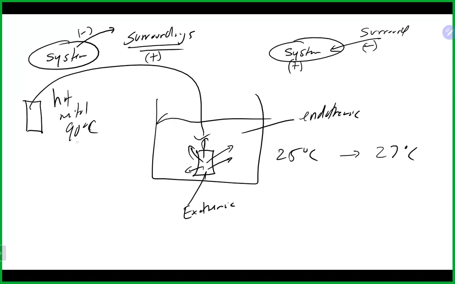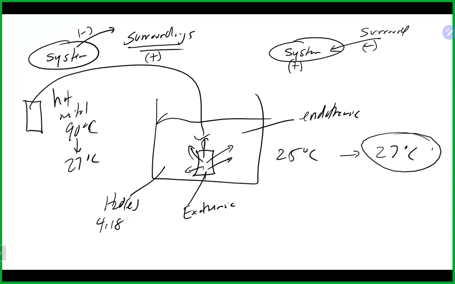We would also see the metal, for example, lose its temperature, and it would actually end up at the same temperature as the water, as we talked about, because it will come to equilibrium. Remember, in this situation, which is pretty much what you did with the coffee cup calorimeter, we're really following the change in the temperature of water, and that's because we know for water the specific heat capacity, 4.184 joules per gram per degree Celsius.